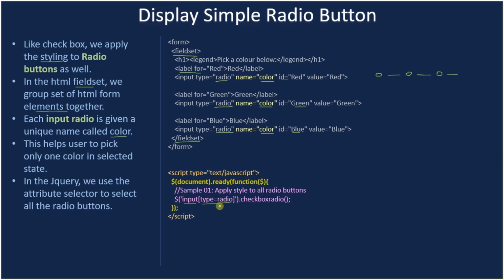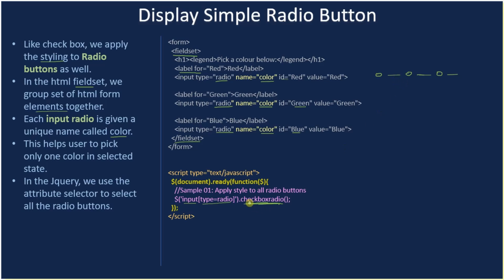So we are selecting 3 checkboxes, I mean radio buttons, and making the same call here, checkboxradio. In our previous subseries also we used checkboxradio. Here also we are using checkboxradio, but based on the input type, here the input type is radio, so the HTML control here is the radio button.